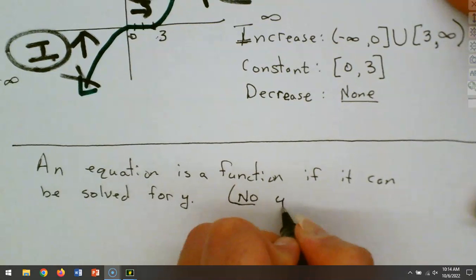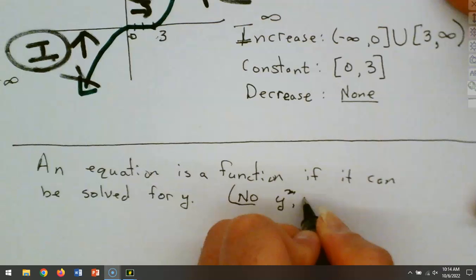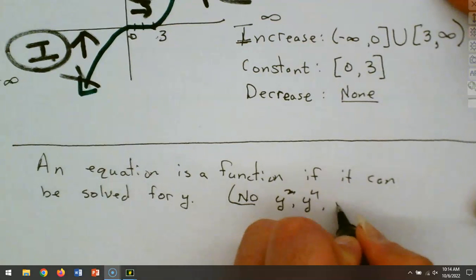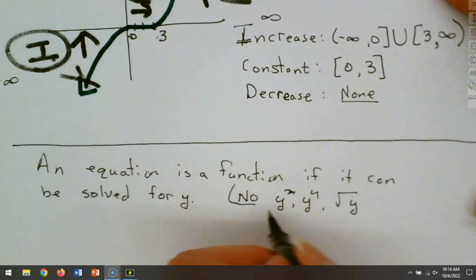No y squared, no y to the 4th. No y's in the denominator of a fraction, which we don't really have to worry about. No y's underneath the root. None of these.